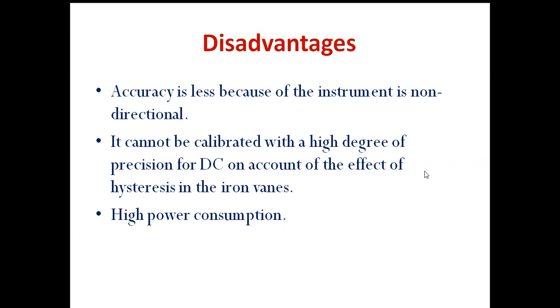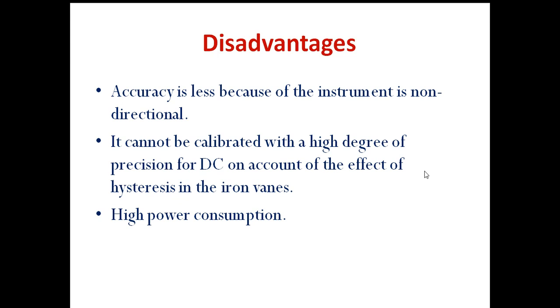The main disadvantages are that the accuracy is less because the instrument is non-directional. It cannot be calibrated with a high degree of precision for DC on account of the effect of hysteresis and eddy currents.